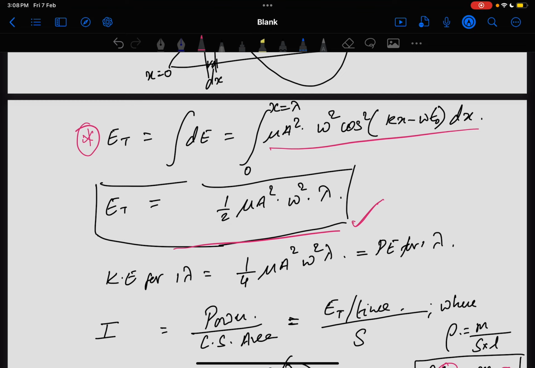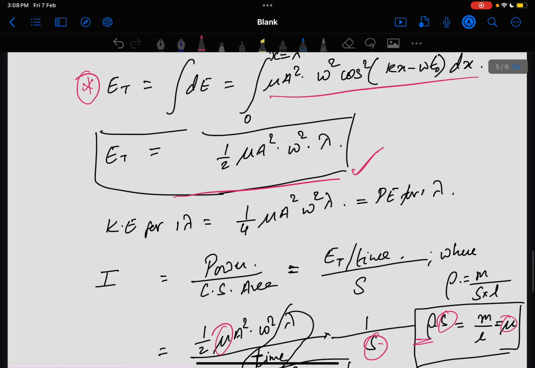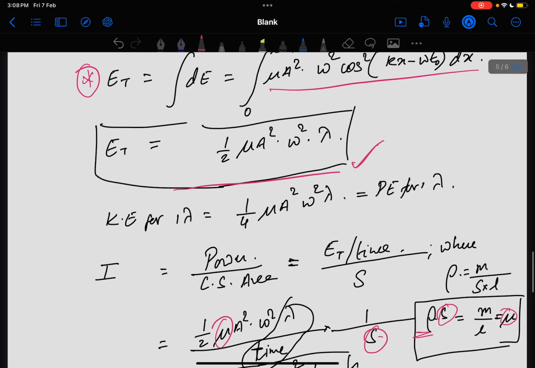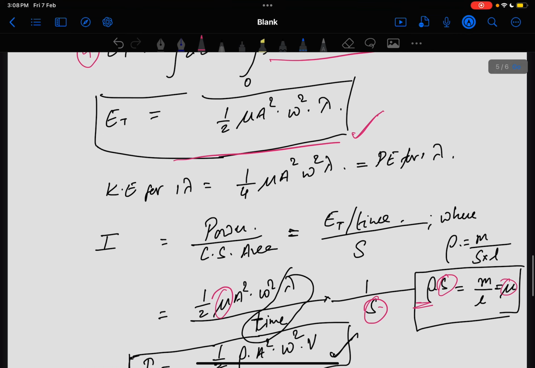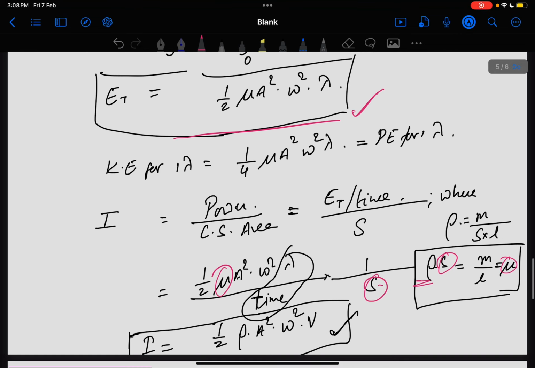This part is clear, gentlemen. No, the kinetic energy for one wavelength is the same as the potential energy for one wavelength, and the sum of the kinetic energy and the potential energy, they are also equal to the total energy. So 1/4 you'll be getting over here, right? This part is clear, no doubts are there.